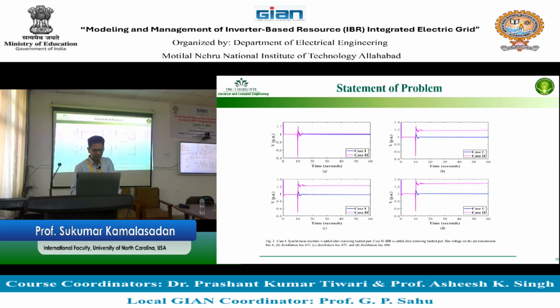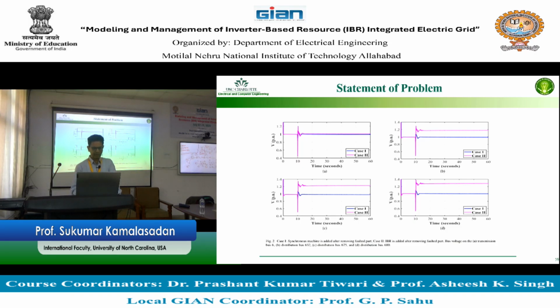So you can actually look at a case where there's a fault, the synchronous machine is coming back, and the IBR is added after removing the fault. Then we look at the transmission system and distribution system voltages and compare them.